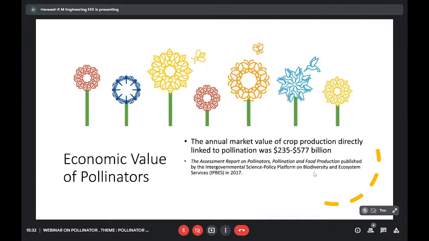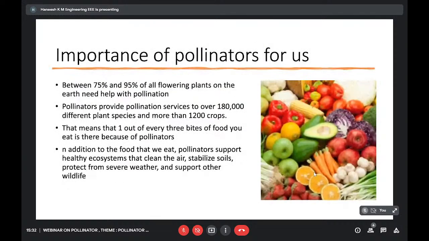That is a huge impact on the economy, because whatever you are eating, most of your vegetables and food grains come from plants. 75 to 95 percent of all flowering plants on earth need the help of some agents for pollination, some living organism.